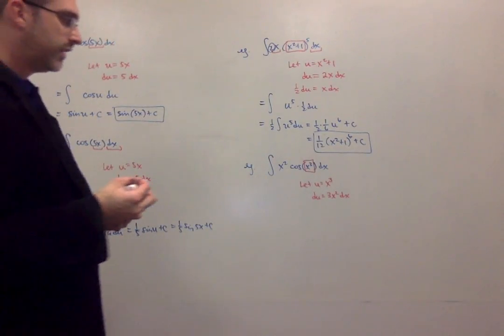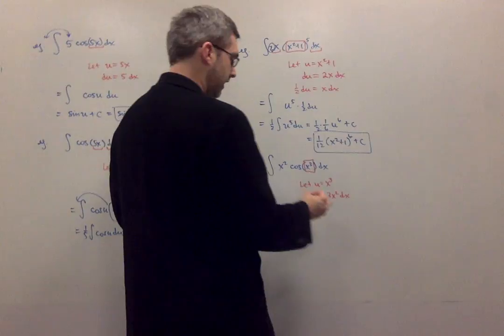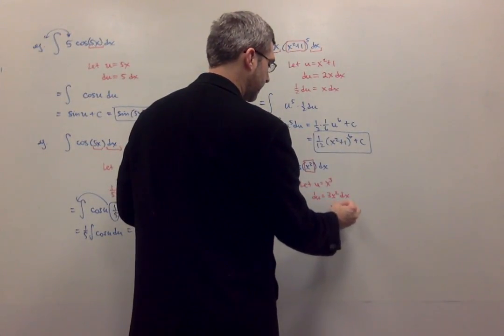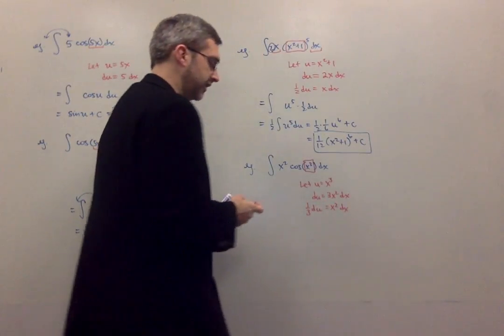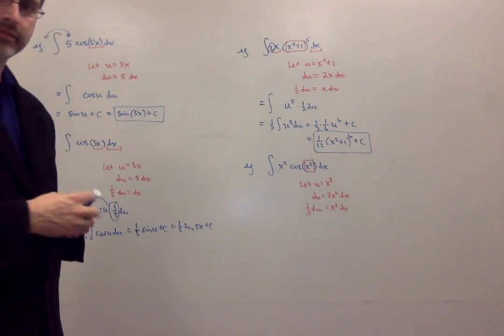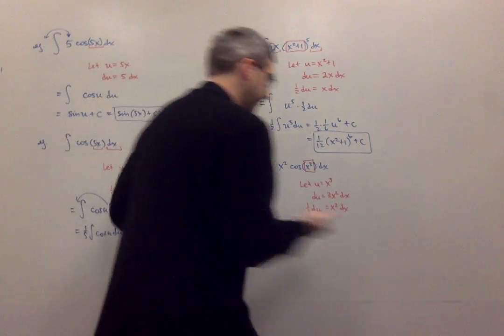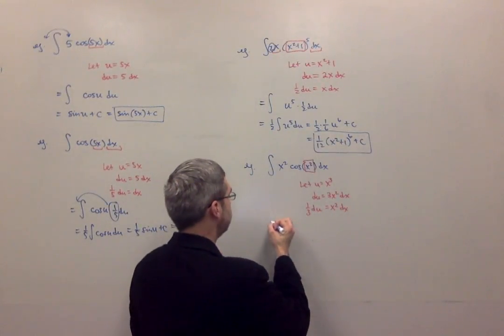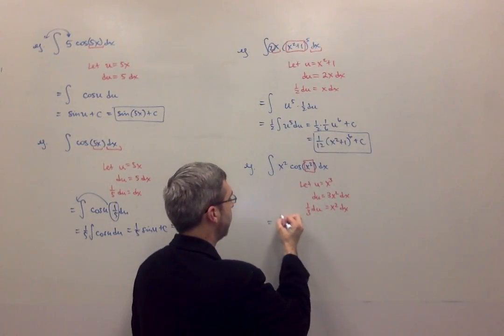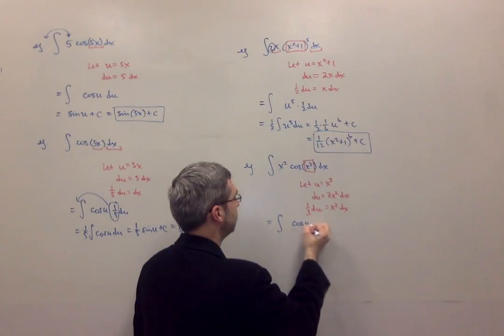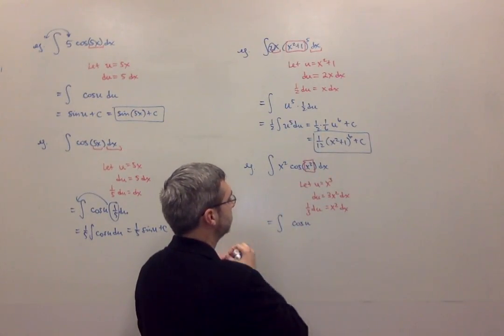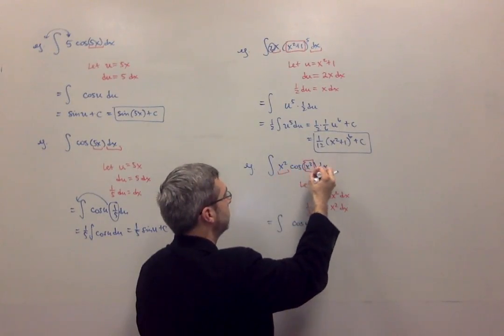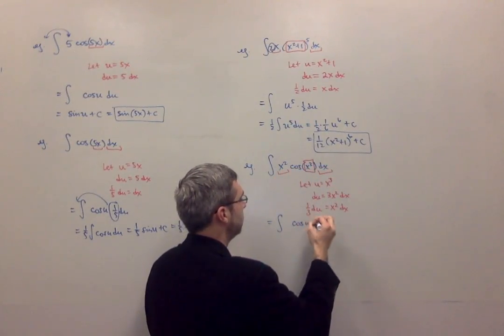I don't see 3x squared there, I just see x squared. So what I'm going to do is bring that 3 to the other side, make it a 1/3. So in my problem here, I now have cosine of u, and then the x squared dx, this part right here, becomes 1/3 du.